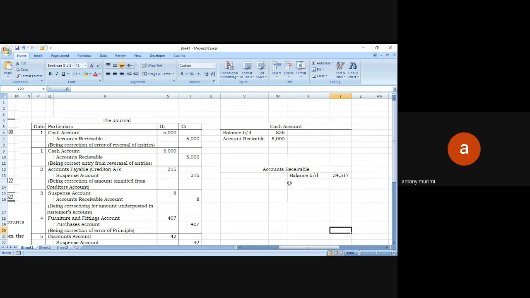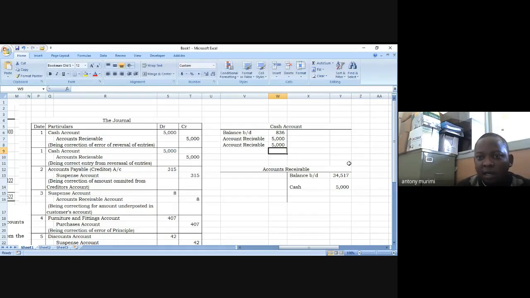Credit accounts receivable by cash, the amount being 5,000. Then the next entry, still debit cash account, credit accounts receivable. So debit cash account, the accounts receivable is 5,000, and credit accounts receivable by cash, the amount is 5,000.